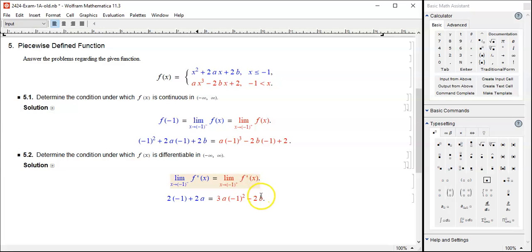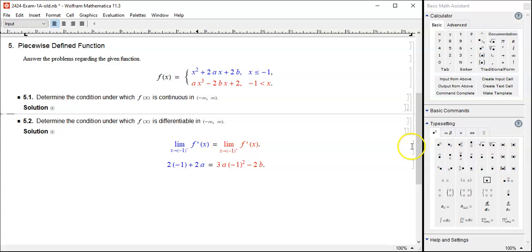So we have left-hand side slope and right-hand side slope are the same. Here, blue is again left-hand side, red is right-hand side. So we have equation number 1, equation number 2. Two equations and two unknowns a and b. With these two, we can find out what a and b are. That's the general method, and that's a method I'd like to suggest.